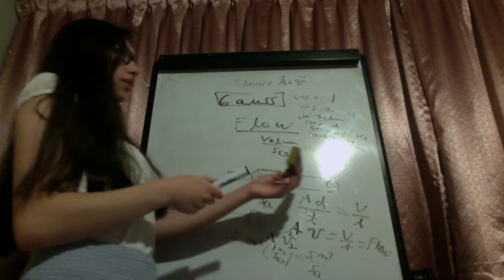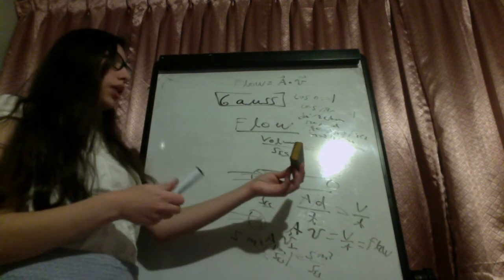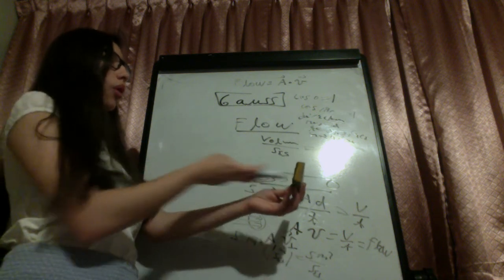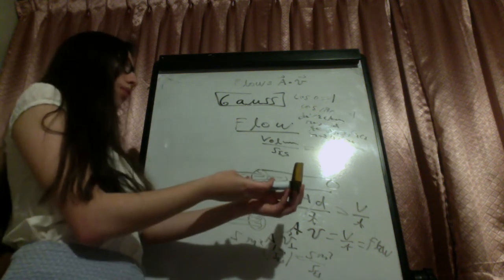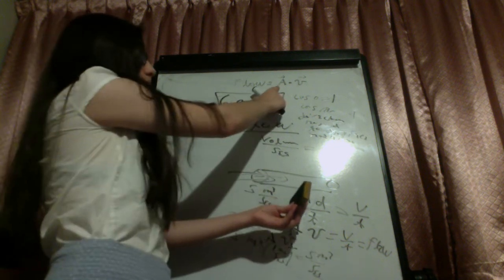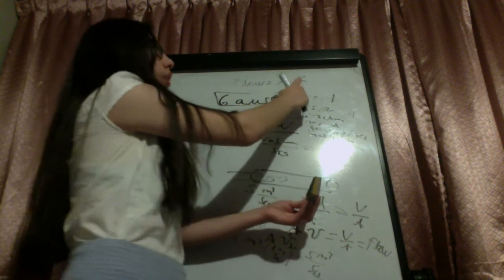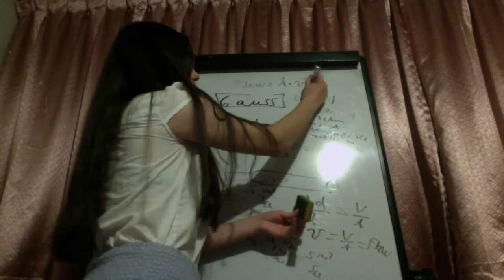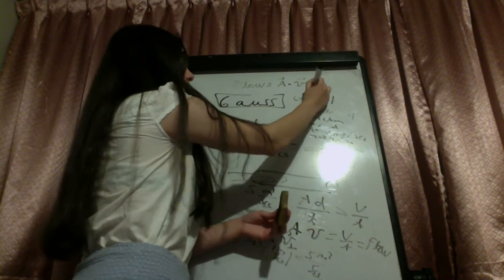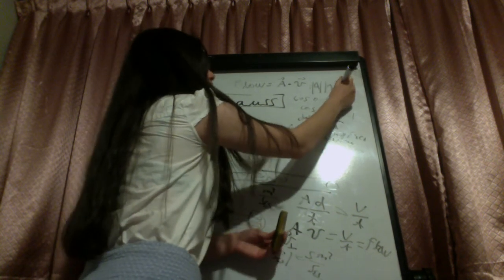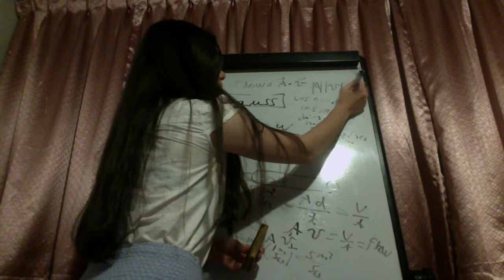So when the cross-sectional area is perpendicular to the flow of the fluid, I have that the flow is just the area times the velocity, because area vector times velocity vector is the magnitude of the area times the magnitude of the velocity times the cosine of the angle between them.